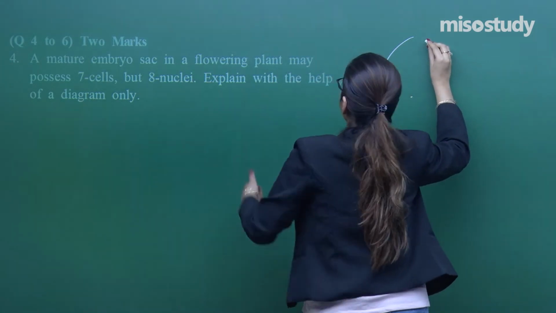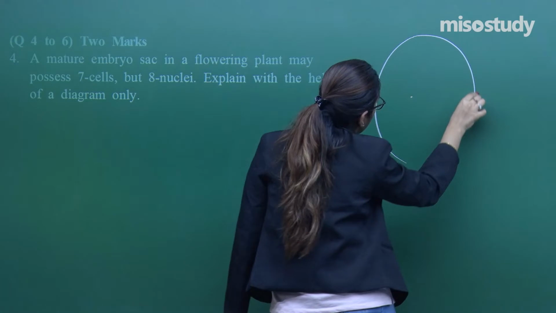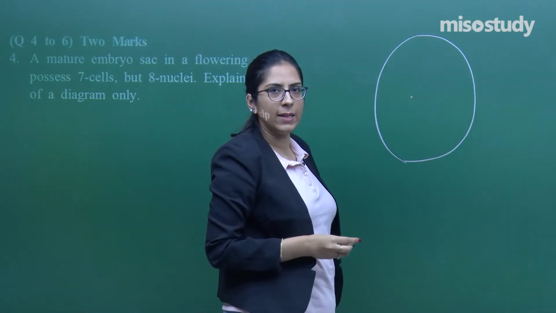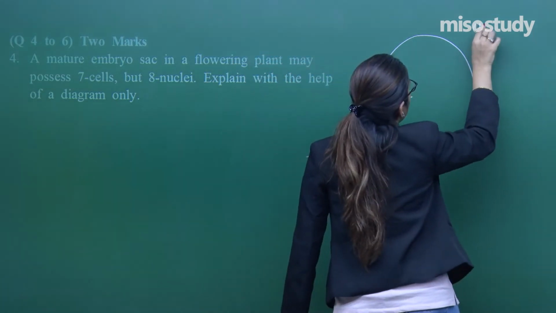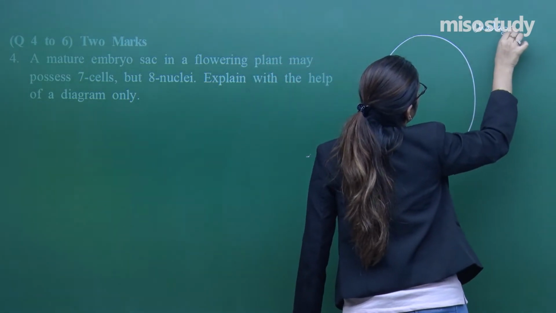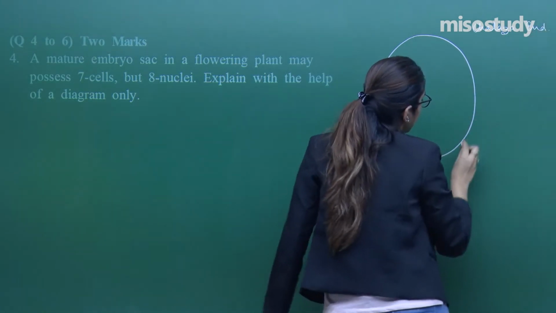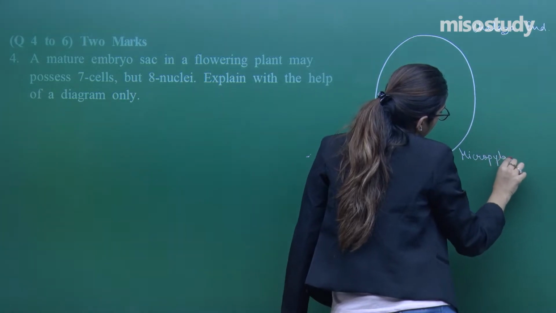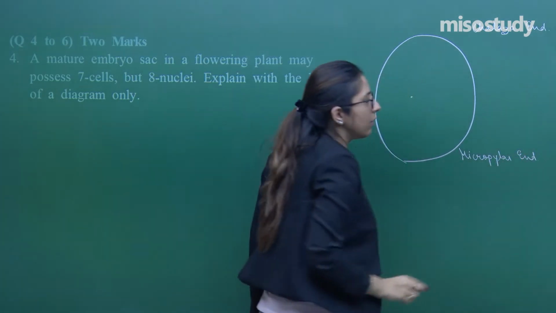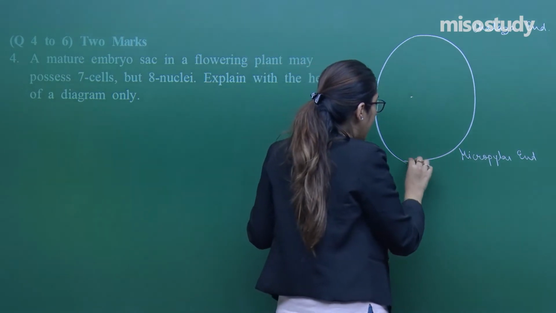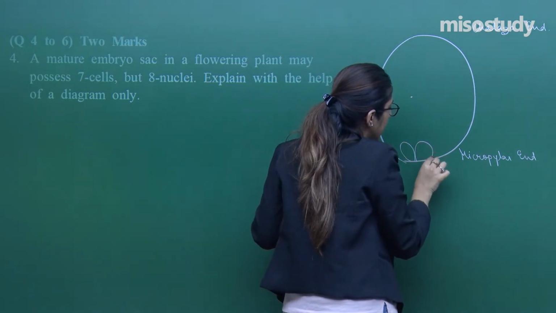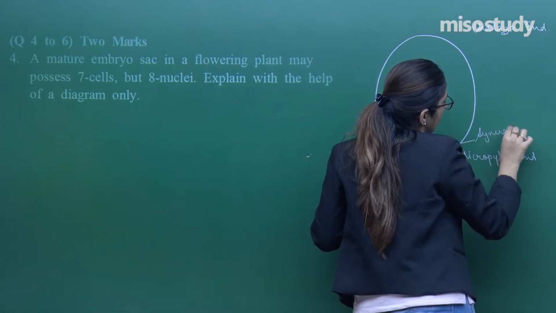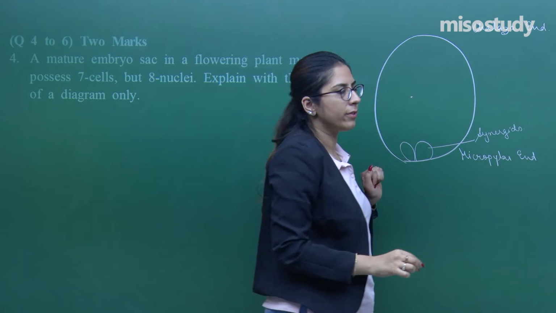They are asking about an embryo sac. This is an embryo sac, and the 2 ends are there. This end is called the chalazal end. This end is called the micropylar end. At the micropylar end, the synergids are present.